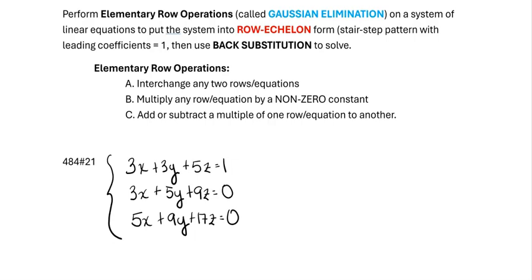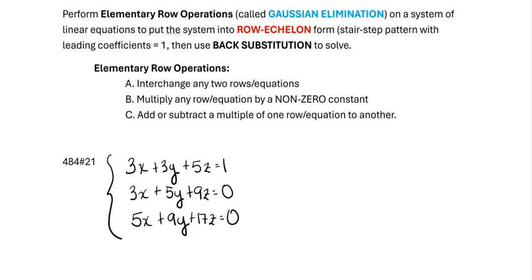And that means we take a system like you see on this screen and turn it into a stair-step system where the first row, the top row, would have all the variables if needed, the second row would have 2 of the variables, and the last row would have 1 variable in it, and all of the leading coefficients would be 1. If you had 4 variables, then you would have 4 lines, and it would be a 4, 3, 2, 1 type of system.